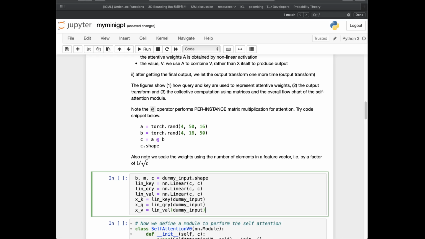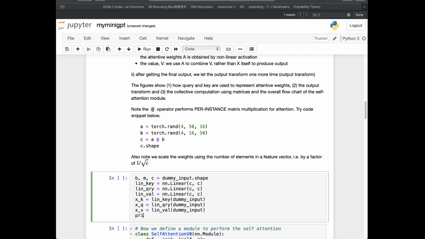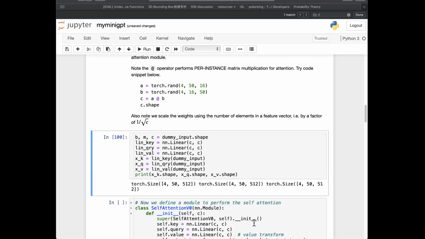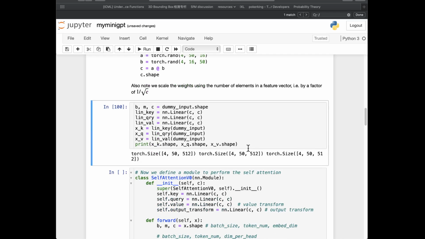Now let's check their shapes. Fine. Basically, we have the same shaped object as the input. Not surprising. So next, we are going to compute the attention, and use attention to formulate the output of this layer.